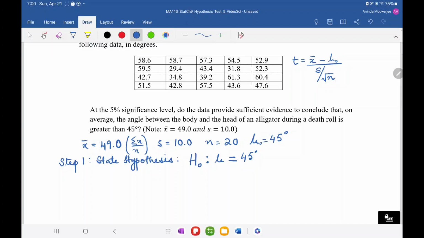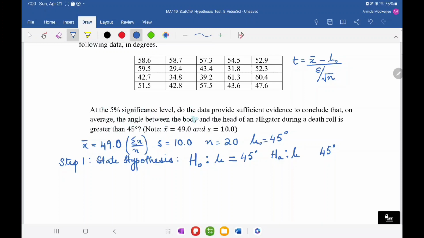That's probably the most observed angle of these death rolls, but we want to see whether that is true or not. The alternate hypothesis will say mu, and then 45. It's going to have the 45 degrees on the other side, but what sign should we use? Equals belongs to the null hypothesis. So we have to put a sign between this mu and 45 degrees in the alternate hypothesis, and that's going to come from the wording. So again, let's reread the question.